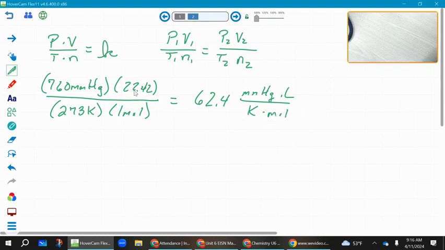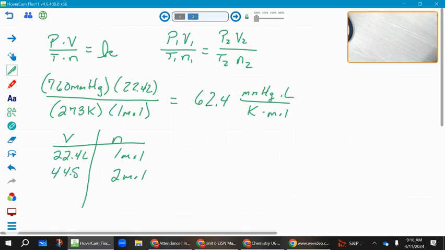This 22.4 liters, this volume, is only true if how many moles? 1 mole. What would happen if you had 2 moles? 44.8. What if you had 3 moles?